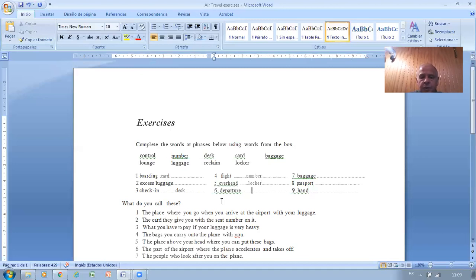Departure goes with lounge. Departure lounge is the one that is, sorry, when you pass the customs office, you present your ticket, and then you have to wait. Usually, in that part, you have the duty free where you can buy things, and you can wait in there for your plane.